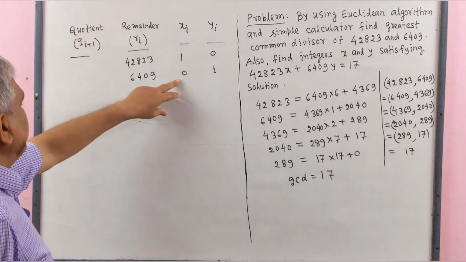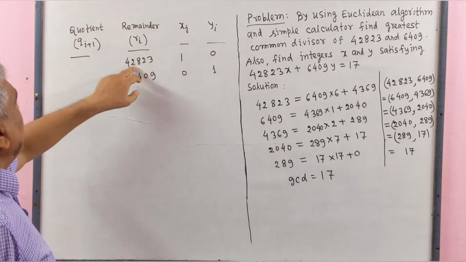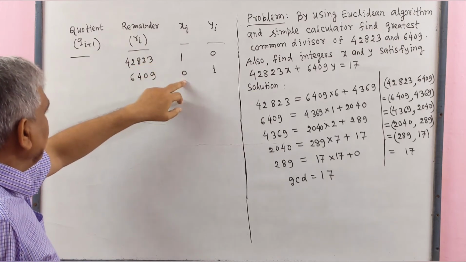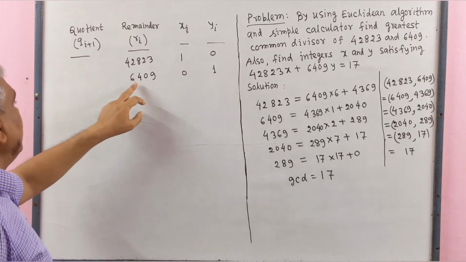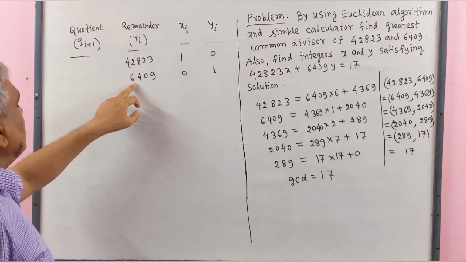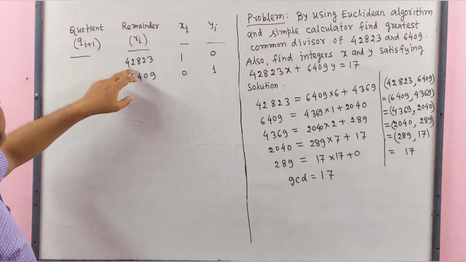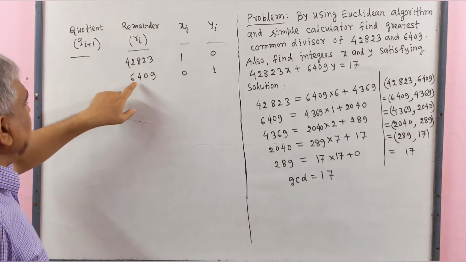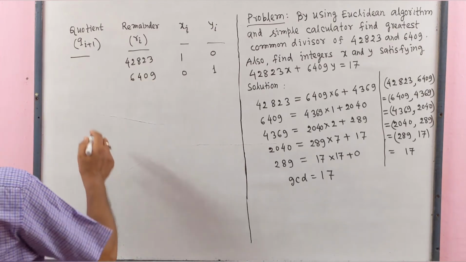This means 0 multiplied by 42,823 plus 1 multiplied by 6,409. If we divide 42,823 by 6,409, we get quotient 6.